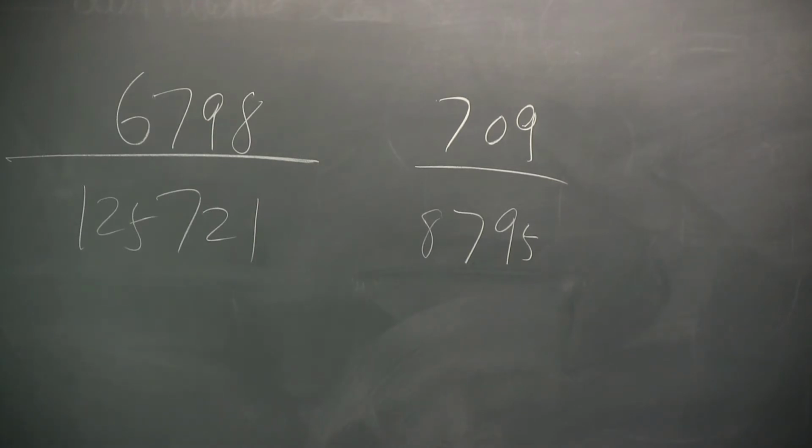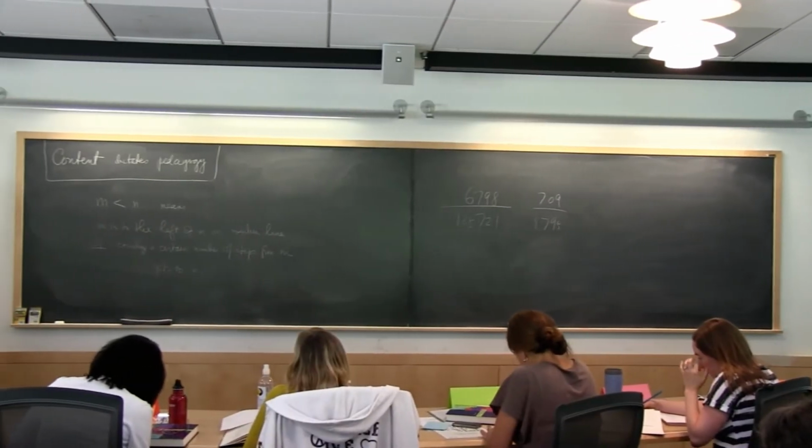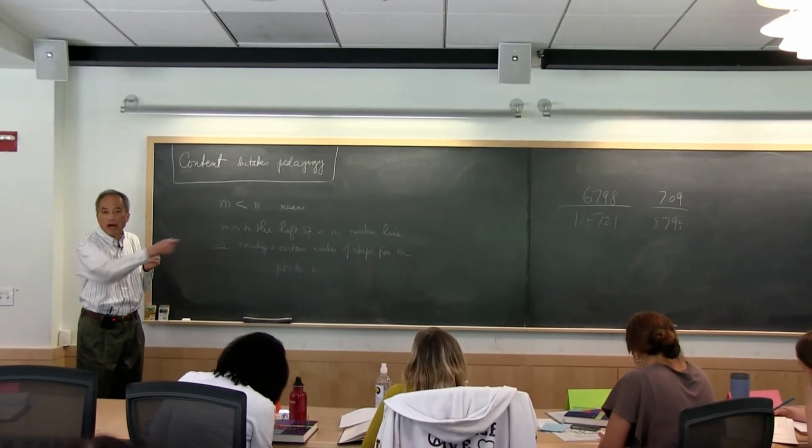You want students to compare fractions? Okay. What does it mean? We're going to define it exactly the same way. One fraction is bigger than the other if that fraction is to the right of the other on the number line. Okay, straightforward. And then students can learn how to do it.